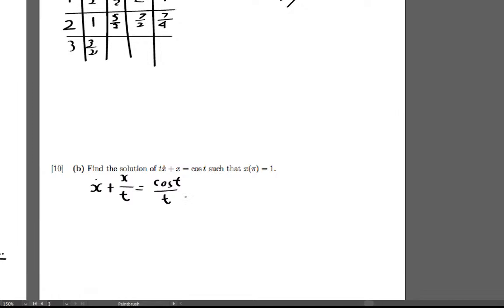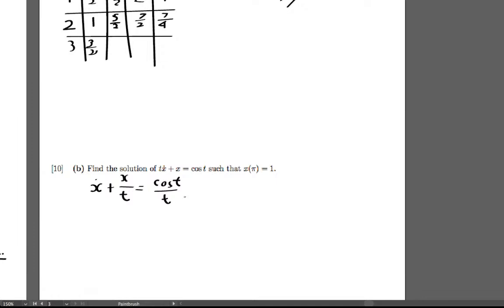Why? Because cosine t is hard for you to actually calculate when you try to find the integral of the thing. I don't like it. So we just go into the complex world, where we are going to be dealing with complex numbers.